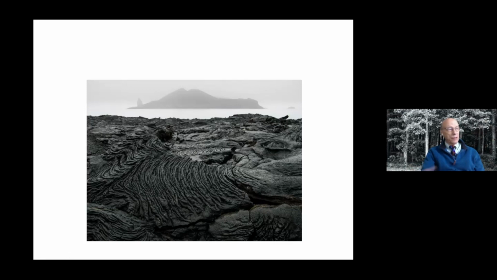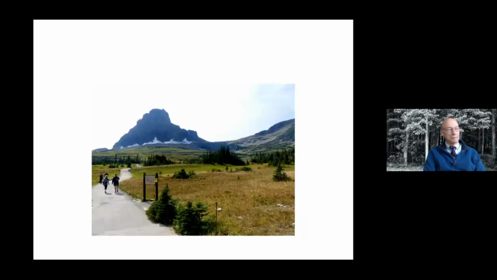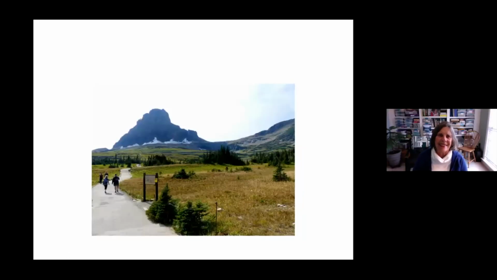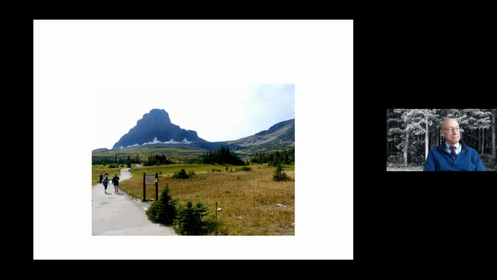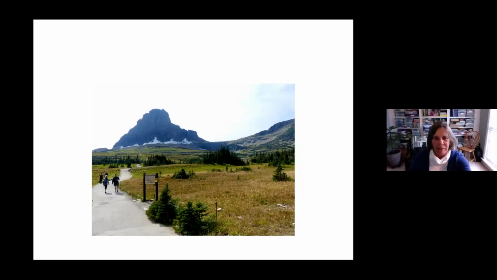Okay, next one. Who's got this one? That was mine. Okay, tell us about it, Mary. What's happening with lines here? Well, I have diagonal lines. You can see the beginning of the sort of chain, and then the people walking up. There's trails all the way up to the base of the mountain there.